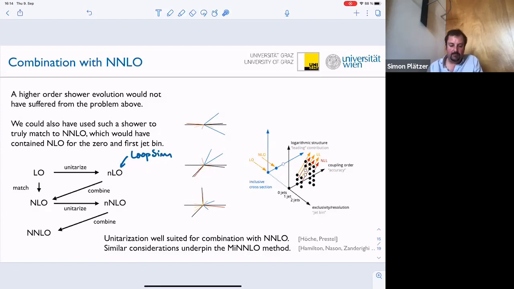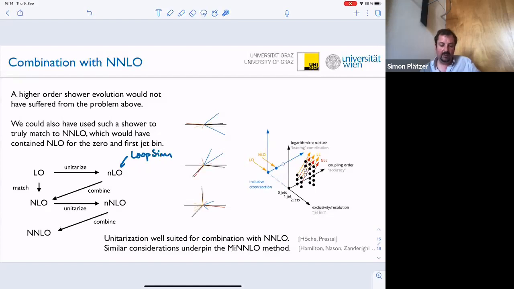And again, you could say, but hang on, I've got the exact next to leading order exclusive cross-section for, say, W plus zero jet at a certain resolution, and then I can again play that game and replace these contributions here by what I know exactly by running a next to leading order calculation for W. And this was the first application of using unitarized merging to combine with next to leading order.